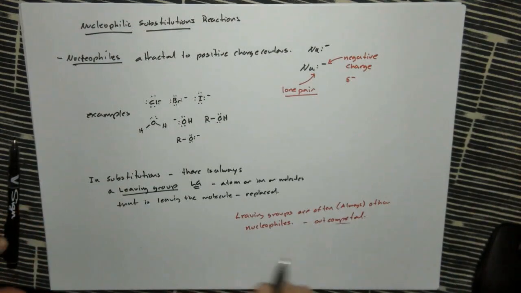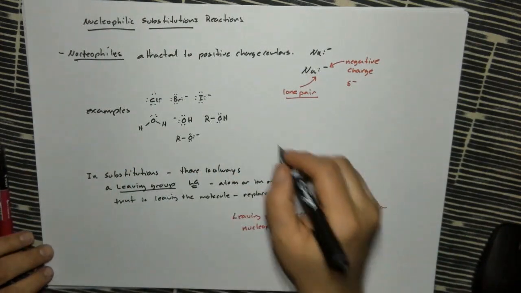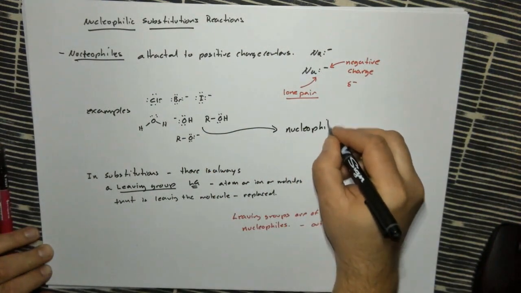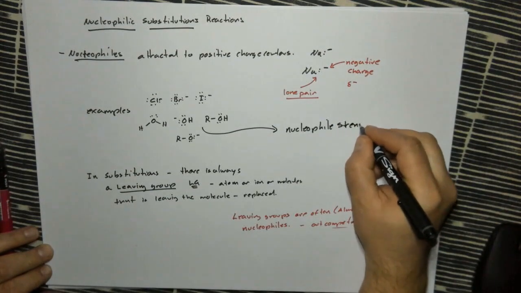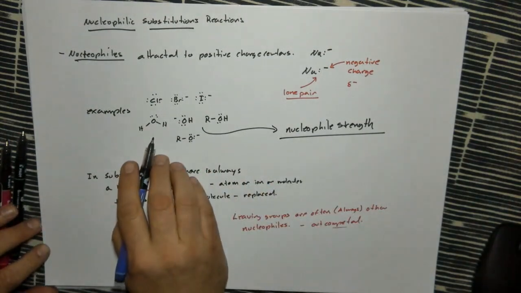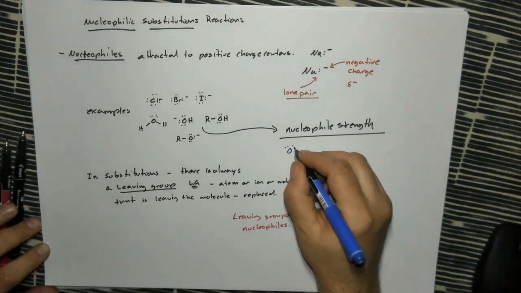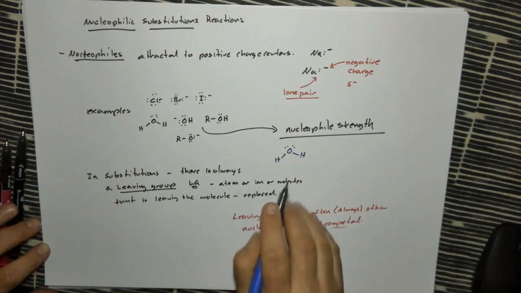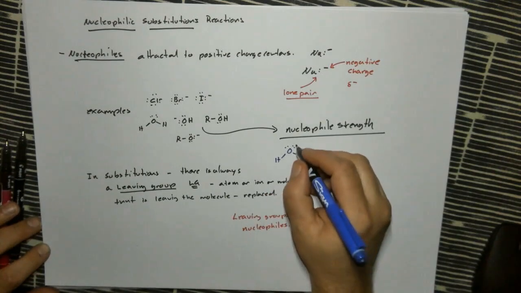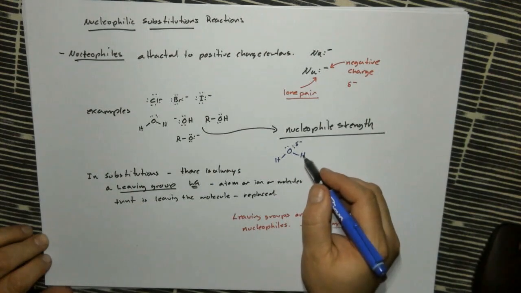Because that's the other part about nucleophiles. They can have different strengths. So if we look at this series up here, let's just take the example of nucleophile strength, the difference between water and hydroxide. And we'll leave it at that because that's enough for us to deal with in this particular video. So obviously water has 2 lone pairs on the oxygen, and it has a partially negative charge because of the difference in electronegativity between the hydrogen and the oxygen.